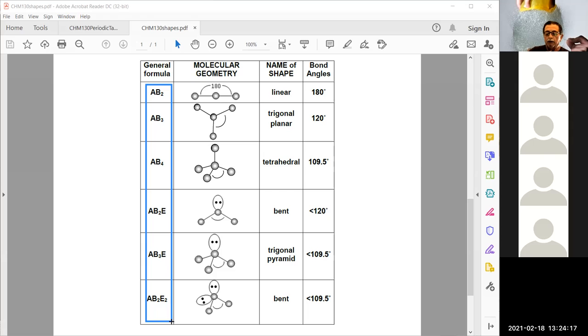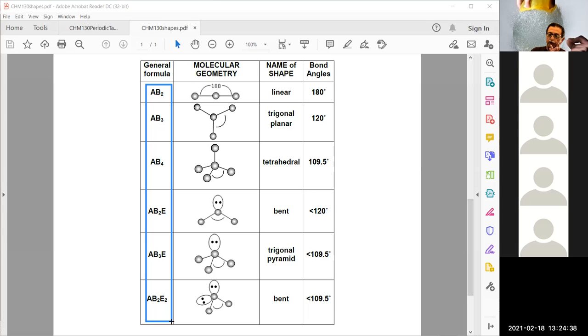For the general formula, we're going to take the valence electrons of a combination of elements that we're going to work with, add them all up, and from that information determine how many bonds they have and so forth. Then we're going to come up with a general formula.